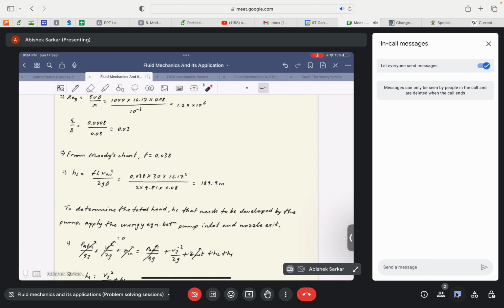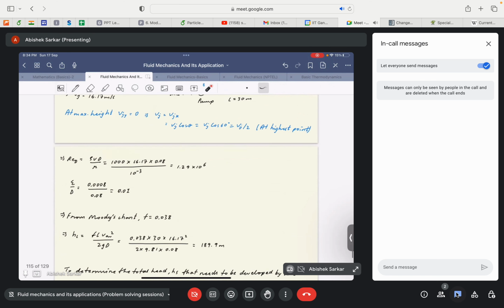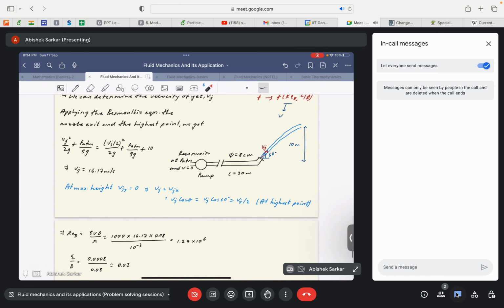That's why we apply the Bernoulli's equation between the pump inlet and the nozzle exit. Okay, let's go back to the diagram. So we apply the Bernoulli's equation at the pump inlet and the nozzle exit. Okay, here.